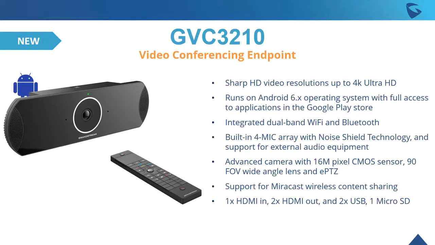The advanced camera has a 16 megapixel CMOS sensor, a 90 degree field of view wide angle lens, and ePTZ. You will notice this device, unlike the other GVC devices, has an electronic pan tilt zoom. It's all built into the device. It doesn't actually have a mobile lens that moves around.